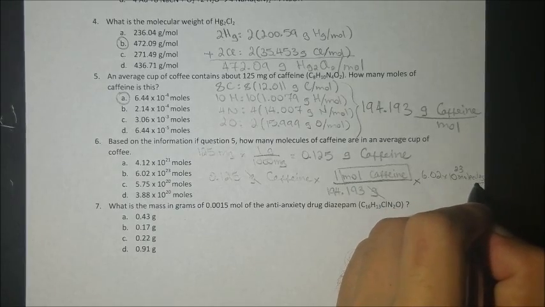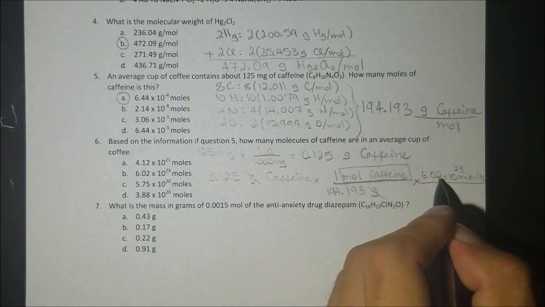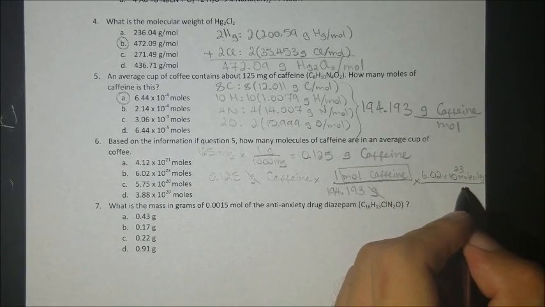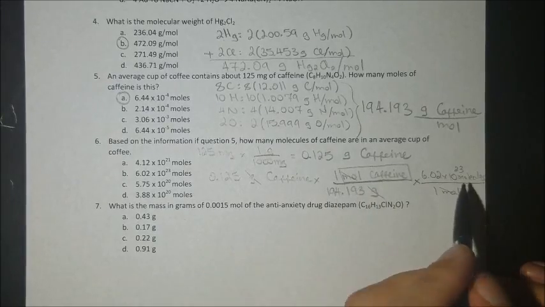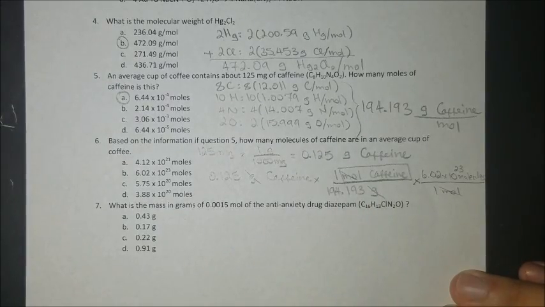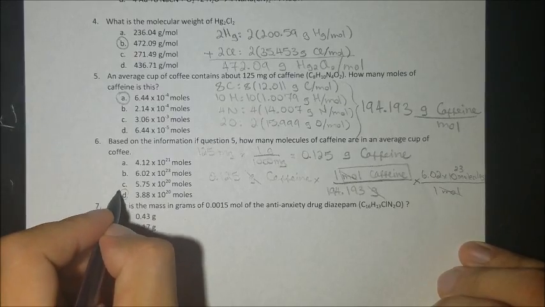I'm sorry, that's kind of squashed in there, I ran out of space. So I've got 6.02 times 10 to the 23rd molecules of caffeine for every 1 mole of caffeine. Now my moles are going to cancel, and I've got molecules of caffeine. If I ran that through my calculator, I would find that the answer for number 6 is D.